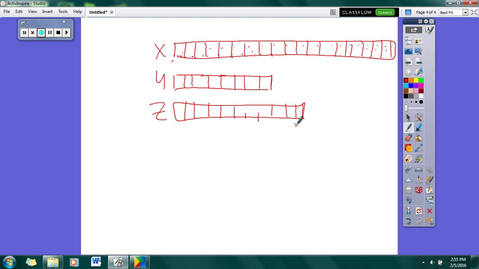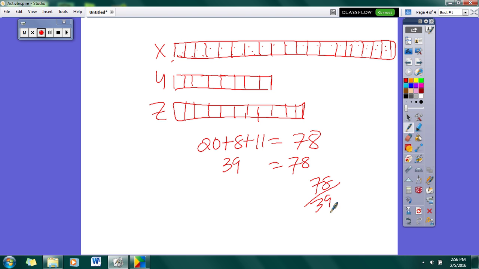Now I have 20 pieces plus 8 pieces plus 11 pieces, and that's going to be equal to 78 total liters. So this is 39 pieces equals 78. I have to take 78 and divide it by 39, and I get 2 is worth each piece. So here I'm going to take 20 and multiply it by 2 and get 40 liters.